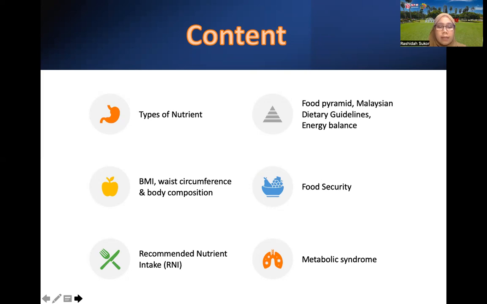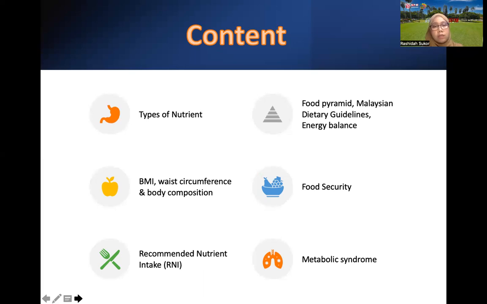Other than that, we will also discuss the BMI, the body mass index. This is a very popular topic if we talk about nutrition and health. Other than the BMI, we also have to consider the waist circumference and the body composition, as it is a very important issue right now.